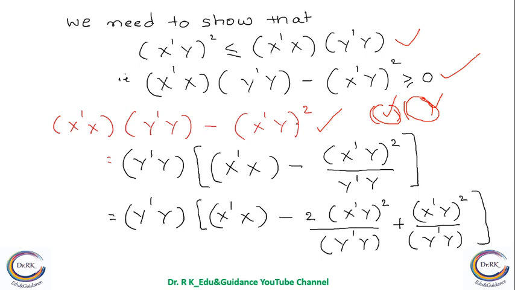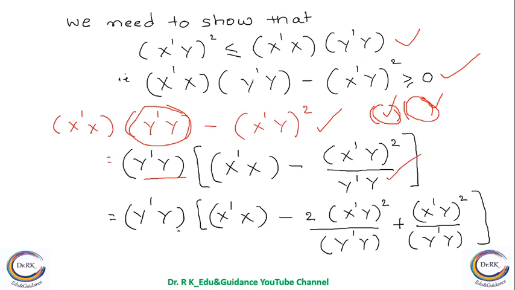For that, we do some simple algebraic manipulation or simplification. So let us start. So x transpose x, y transpose y, and so on. Here we take y transpose y out common. Then x transpose x minus x transpose y whole square; this is not there, therefore it is divided by y transpose y.